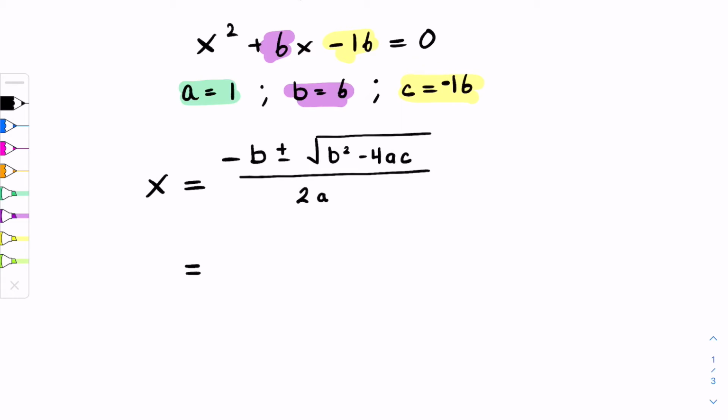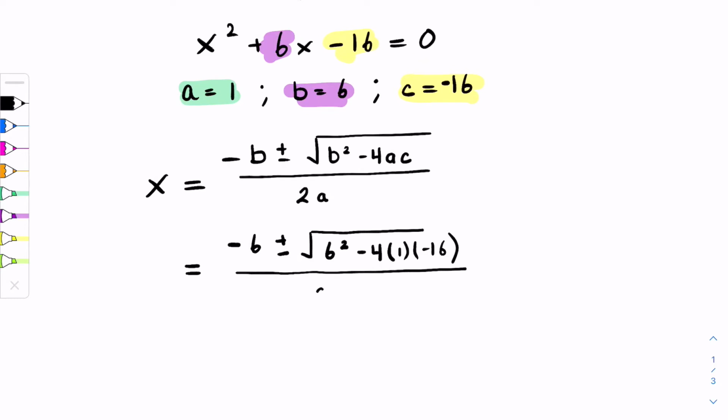Substituting our values in gives us negative 6 plus or minus the square root of 6 squared minus 4 times 1 times negative 16, divided by 2 times 1. I'm going to highlight where my values show up. My a value is located in 2 places, my b value is located in 2 places, and my c value is just once underneath the square root sign.